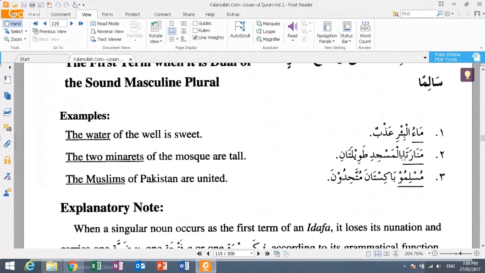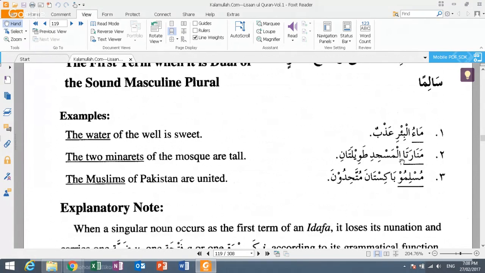Now go to the second one. Manarata. Say the original: Manarata ni. Manaratun, one manara, one minaret. Manaratani, two minarets. So now this noon, we are ascribing this Manaratani to al-masjid. What will happen?